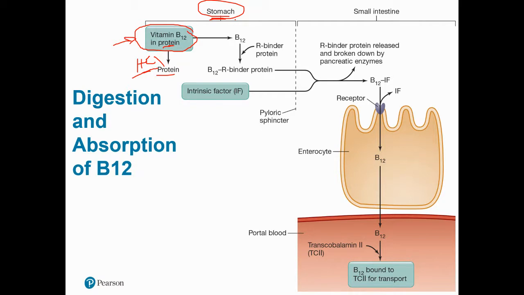Okie doke. So then also in the stomach, once B12 is separated from the dietary protein, our bodies make this other protein called R binder protein. B12 is then bound to this binder protein, and that makes it more bioavailable to our bodies to absorb.